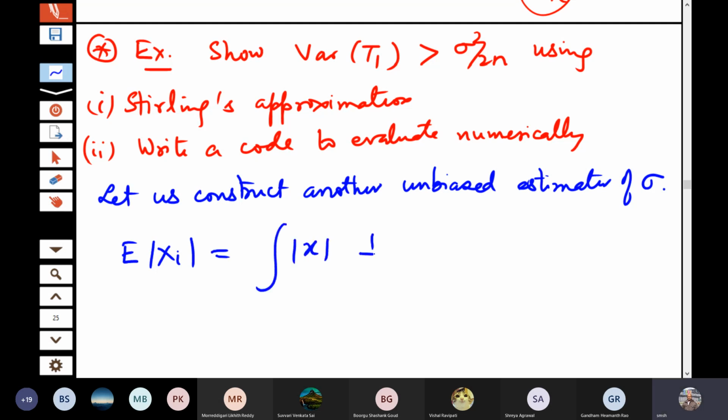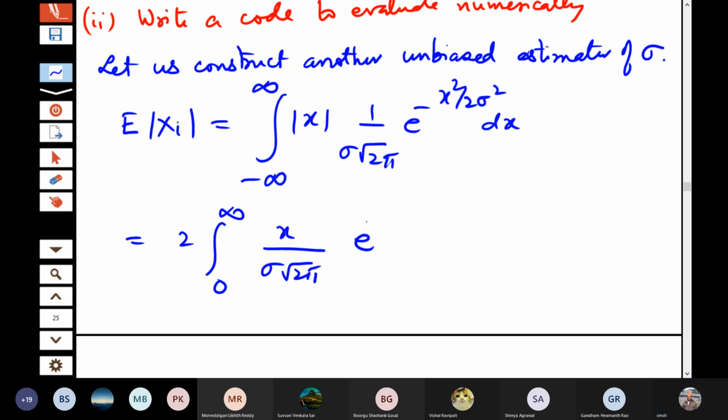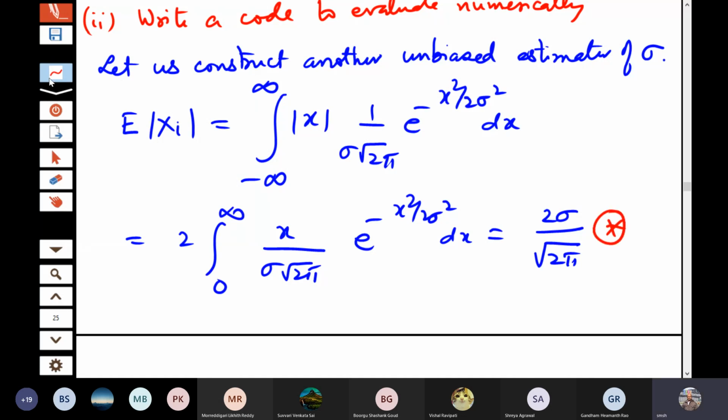So mod of x times 1 by sigma root 2 pi, e to the power minus x square by 2 sigma square. This is an even function, so you can immediately do all these things just using the simple properties of the gamma function. So I'm just writing down the final expression here. That is not difficult for all of you. So this checking part you can do.